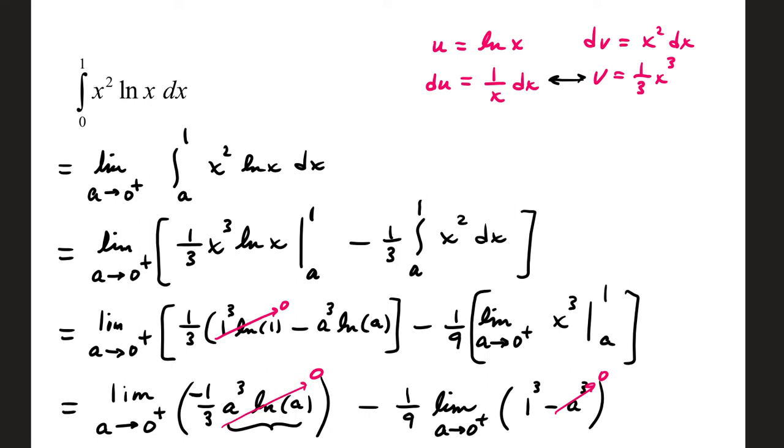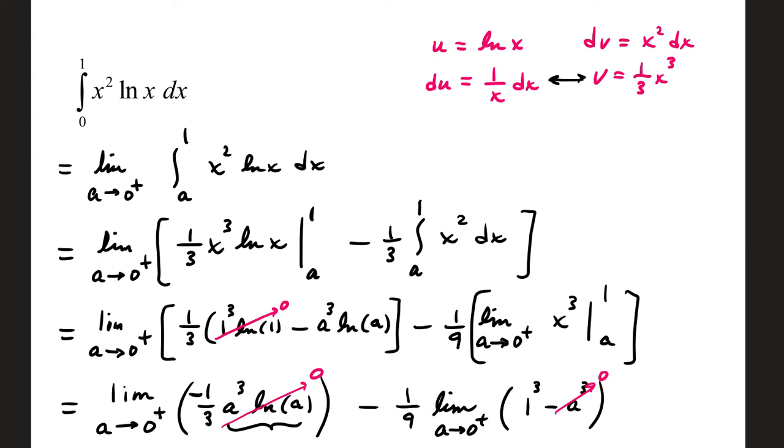Back here, our antiderivative is x cubed over 3. 1/3 times negative 1/3 is negative 1/9. Plugging in 1 and a, we have the limit as a approaches 0 from the right of 1 cubed minus a cubed. The smaller a gets, the more that last term approaches 0.